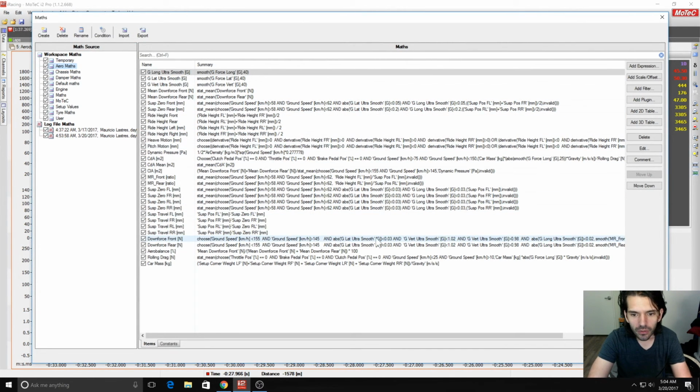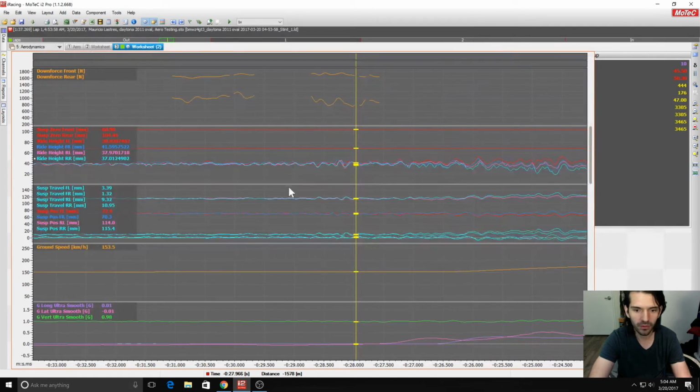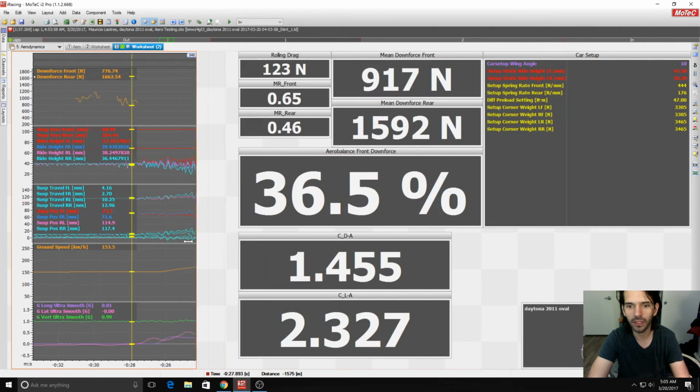So we're calculating G-force 0.98. So that means that if it's equal to 1.02 or 0.98, then it's going to throw it away. So that's the reason why there's a cut right here in the data, because of some bump created excessive vertical G-force. So that's good. So everything's working fine.